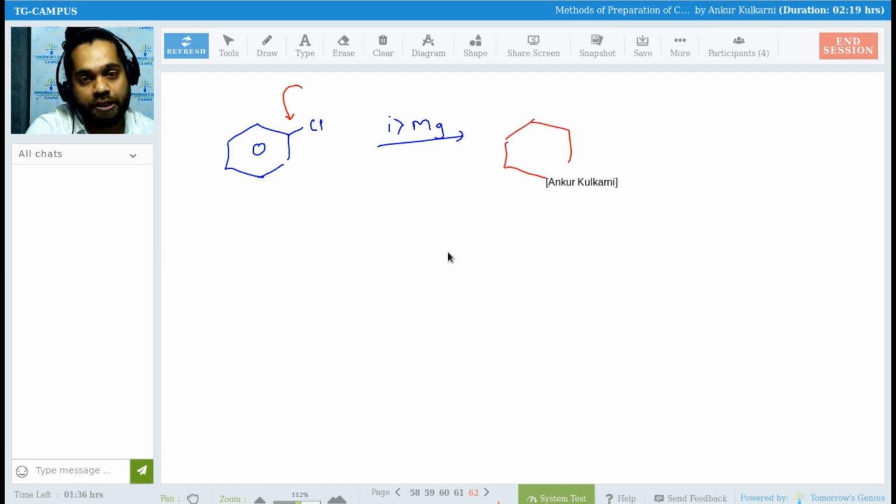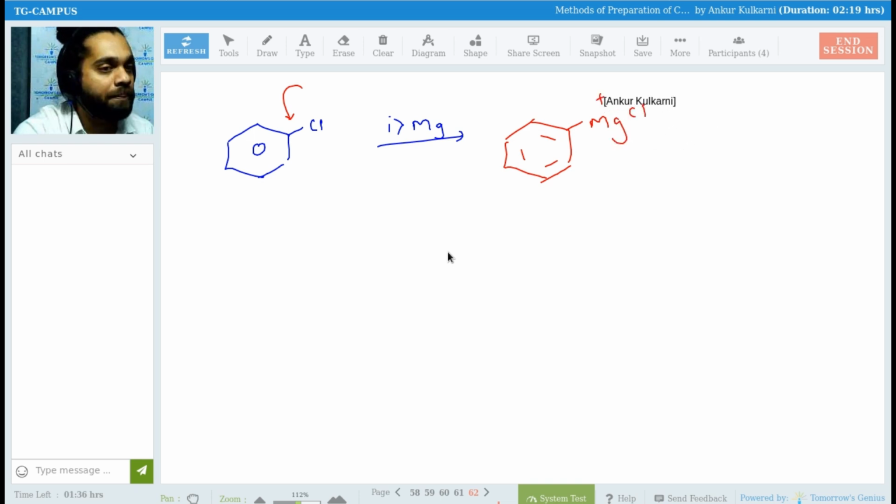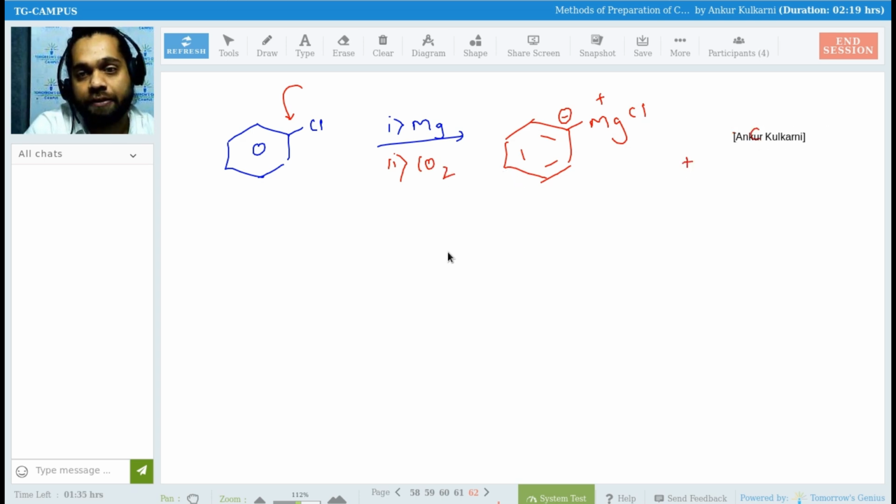So after doing the first reaction, what are we getting? We are getting MgCl. Now due to Mg, it has become plus, and this has become negative. Now in the second step, we react it with CO2. When we react it with CO2, what will happen?